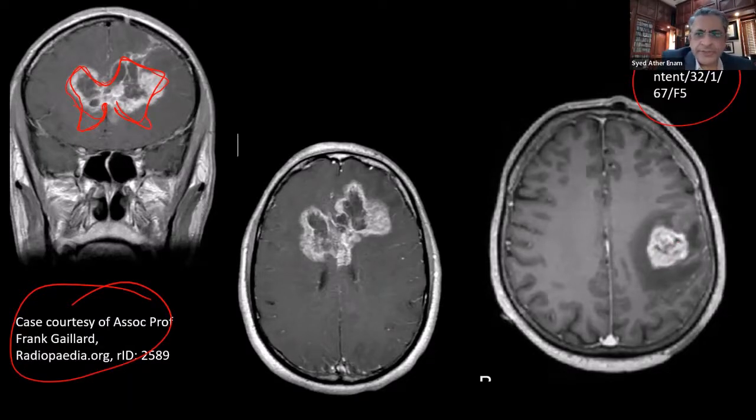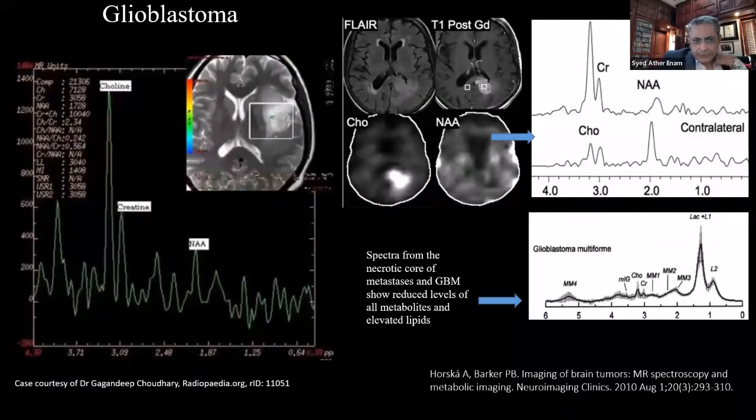So the thing that we now use on top of these is MR spectroscopy. Different molecules behave differently in magnetic fields, just like the water molecule, and with MR spectroscopy you can pick up those specific signals, and it comes up in a graph like this.